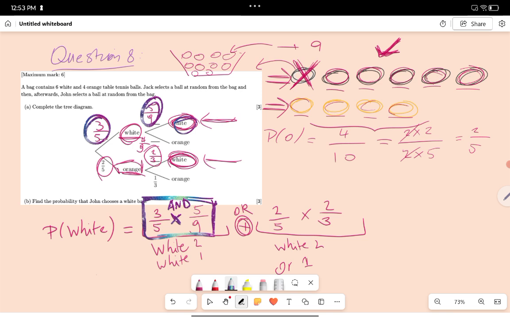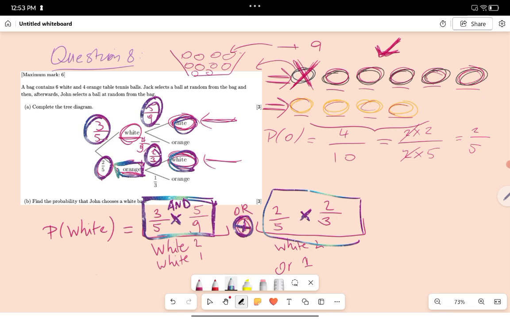The first ball needs to be white, the second one needs to be white. And then in the second one, if we want white up here, we want the first ball to be orange and the second one to be white. So how to get there? We need 2/5 times 2/3. So again, we're going to multiply these. So here we multiply and here we add because we have two options.